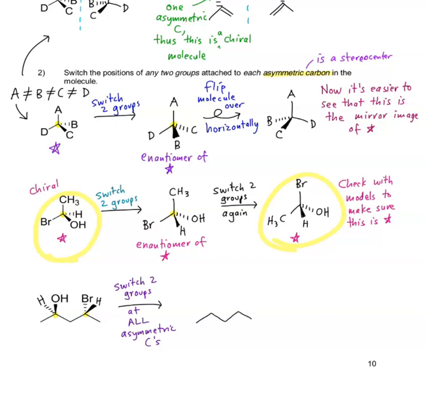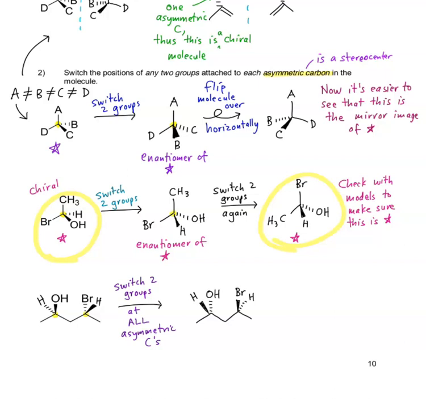So if we switch two groups, that means that on the left carbon, the OH is now going back, and the H is coming forward. And on the right carbon, the bromine is going back, and the H is coming forward.